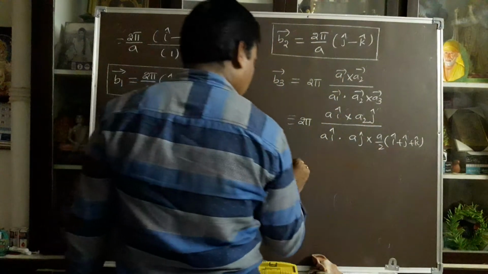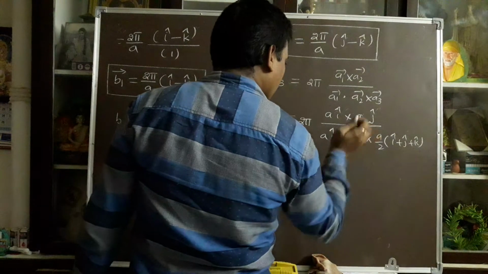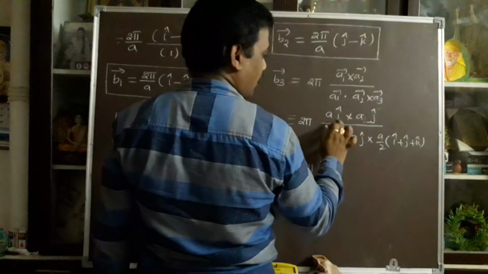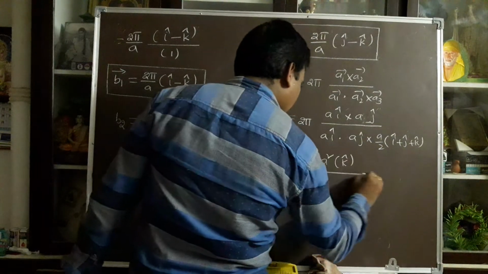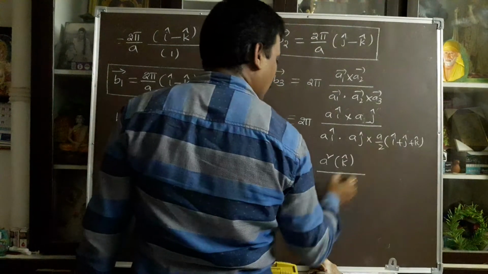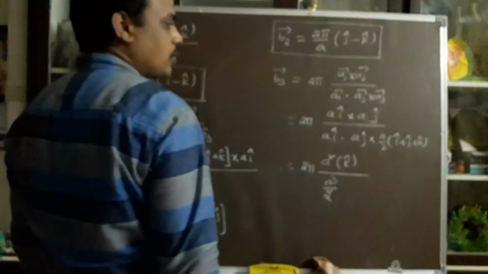This result, you know that 2 pi into A square, i bar cross j bar is nothing but k cap, divided by A into A, nothing but A cube by 2.